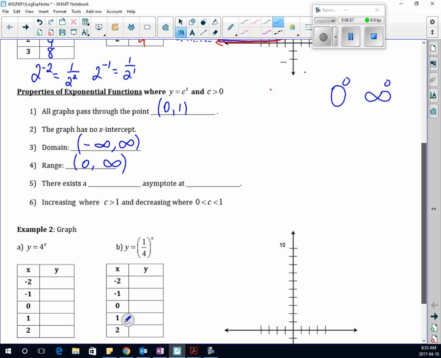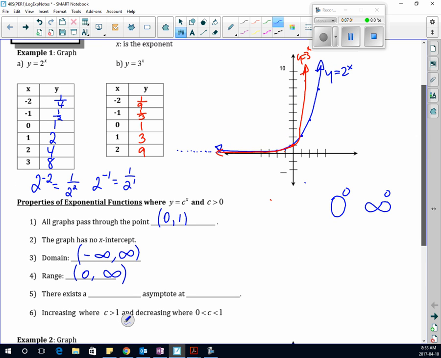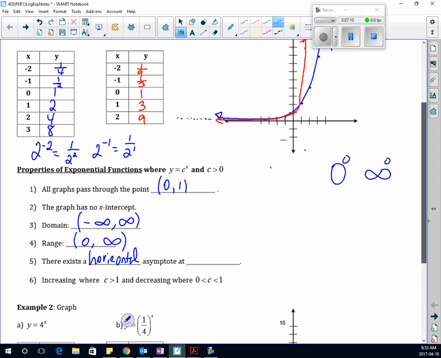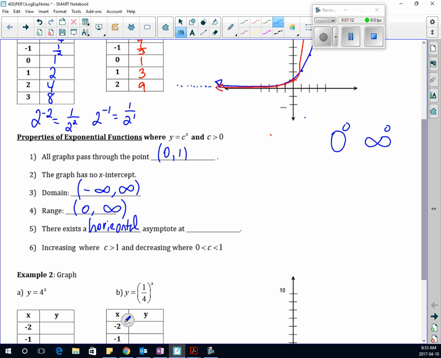Okay, there exists a blank asymptote at blank. What is that? Horizontal asymptote at, that's not, although I know what you're trying to say, that is not the correct way to say it. It's not the 0 at y equals 0.